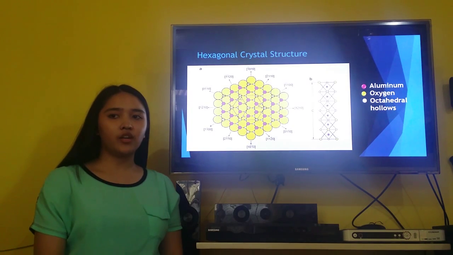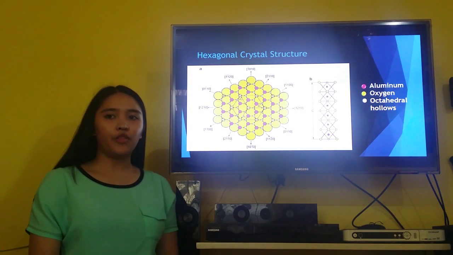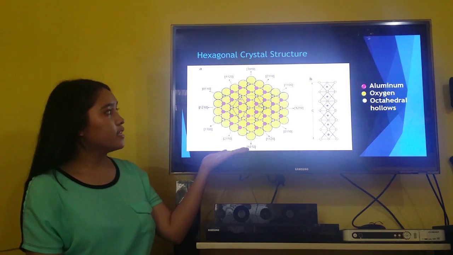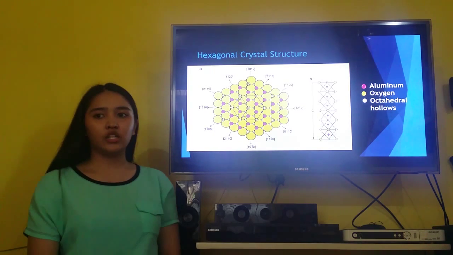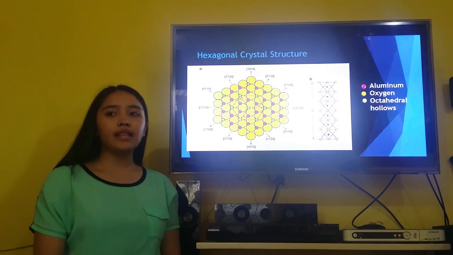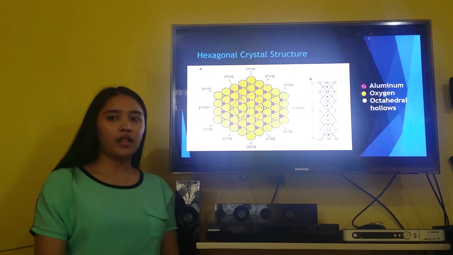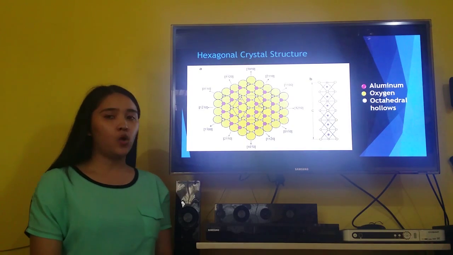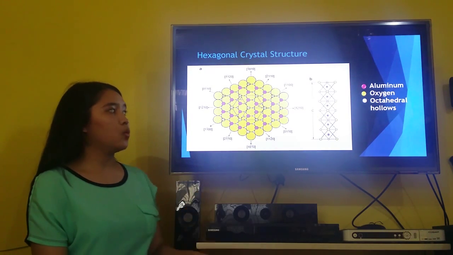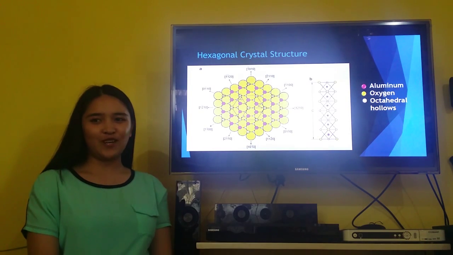The oxygen ions are very near each other, forming a hexagonal close packing. As you can see in the diagram, the yellow balls form a hexagonal shape. The aluminum cations lie in the octahedral voids between the closely packed oxygen ions, filling 2/3 of these voids, as depicted by the yellow or violet circles.